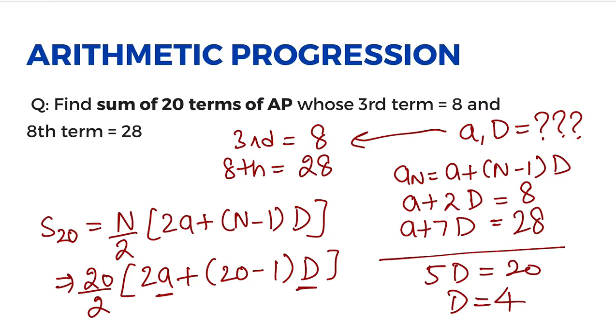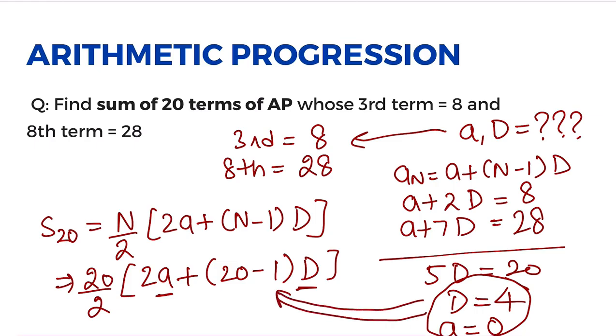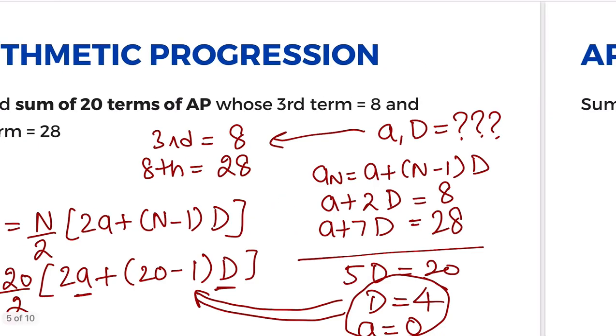And now since d is equal to 4, you will get the value of a as 8 minus 8, so a is 0. So you have a and d as 0 and 4. You just plug it here and you will get the answer for the sum of the first 20 terms. I hope this is clear. Easy. I'm just making it quick because the major takeaway from this video is those two formulas, a plus n minus 1 into d and n by 2, 2a plus n minus 1 into d.